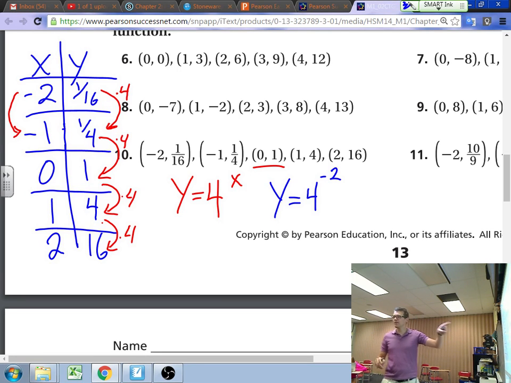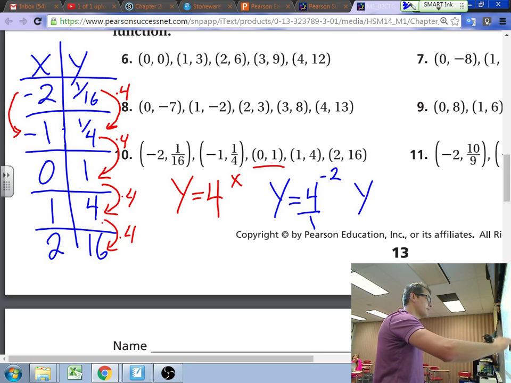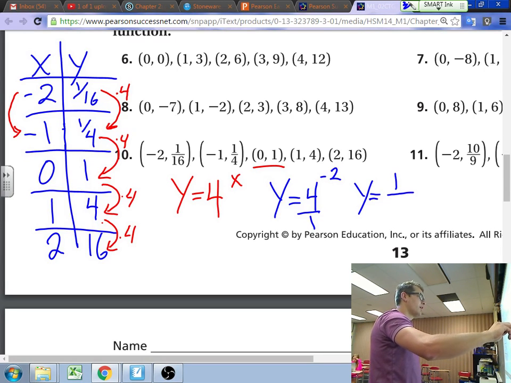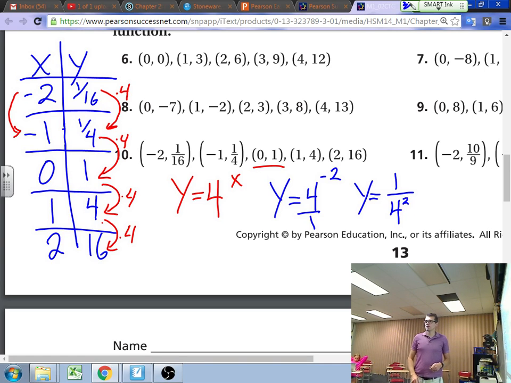When we have a negative exponent, what it tells me to do is look at my base as a fraction, so you were right to begin with. Then I flip it and I make my power positive. So this becomes y equals 1 over 4 squared. What would 1 over 4 squared be? 1/16, which works out.